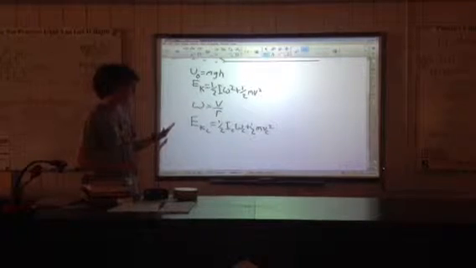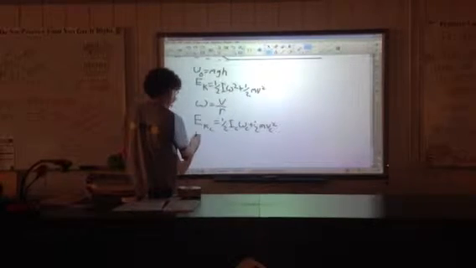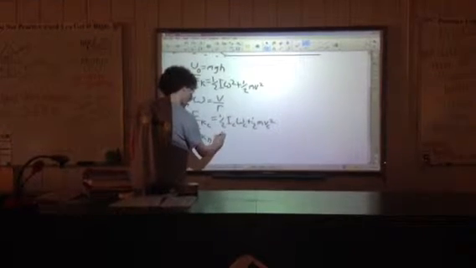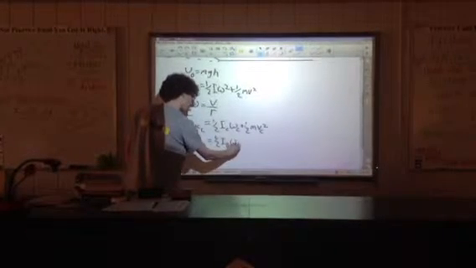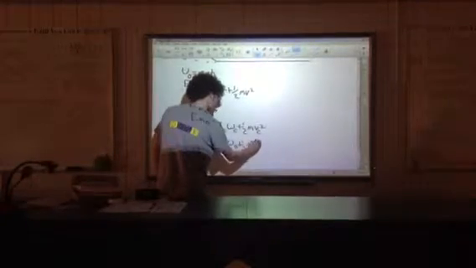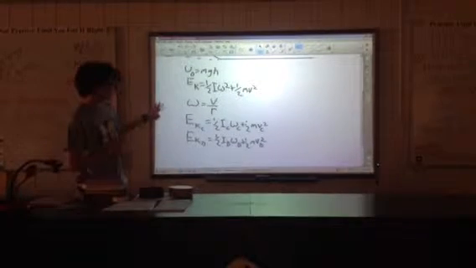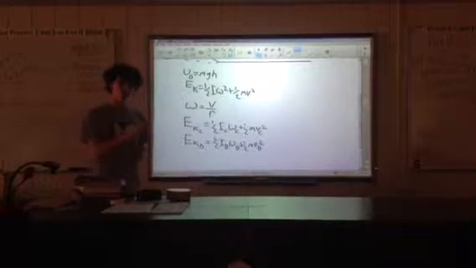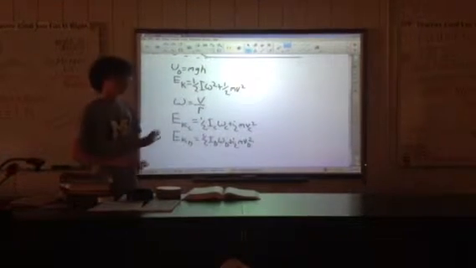Now, looking at the disk that's solid throughout, omega C and omega D should be squared here. So now we have an equation for the kinetic energy of each disk as they reach the bottom of the hill. When we look at these I's, they're actually given by different equations.